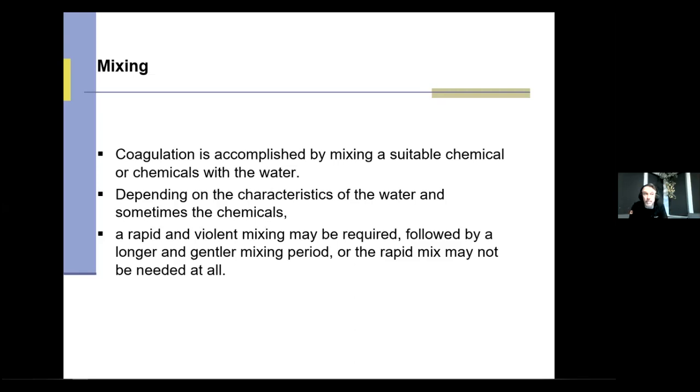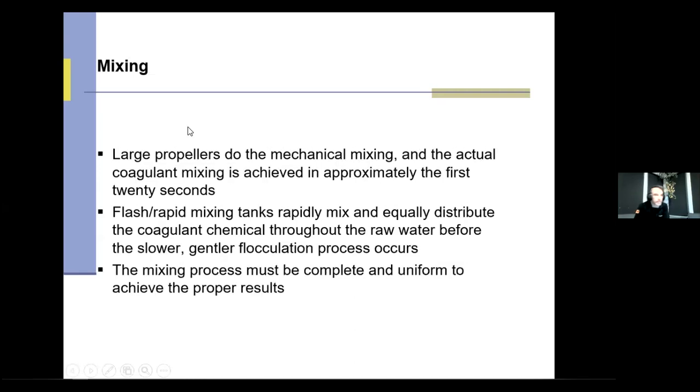And we'll talk a little bit about that. One of the ways, and I've seen this, is large propellers in some of the big systems, and that's in my plant. That's how I do it. I add the chemicals. I have a fairly large mixer in there. Some of them, like I said, we inject it to the base of a pump, or we put it against the flow.